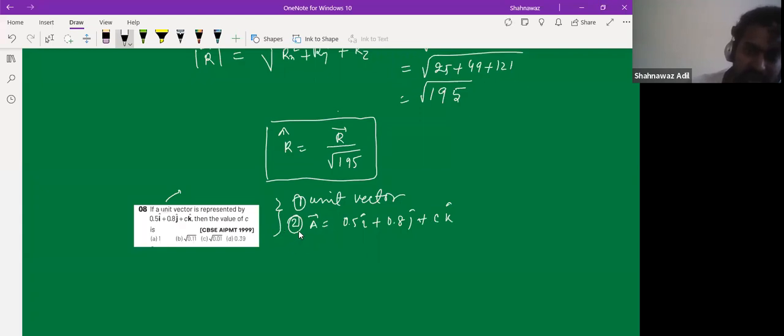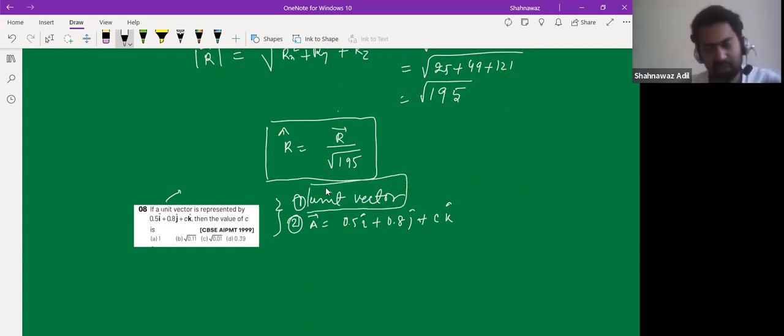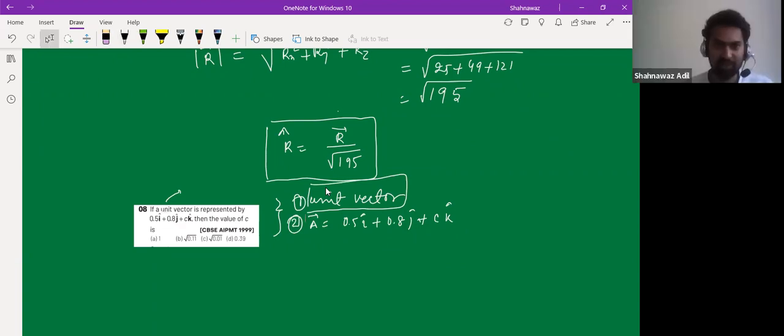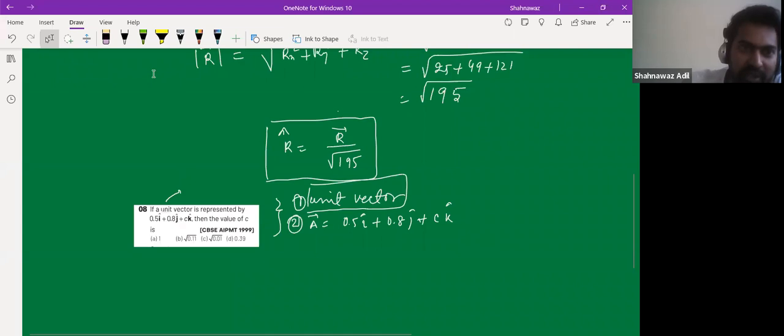So how can we calculate the value of c? What we have to find here is that the magnitude is equal to 1. So we will first calculate the magnitude of this vector.